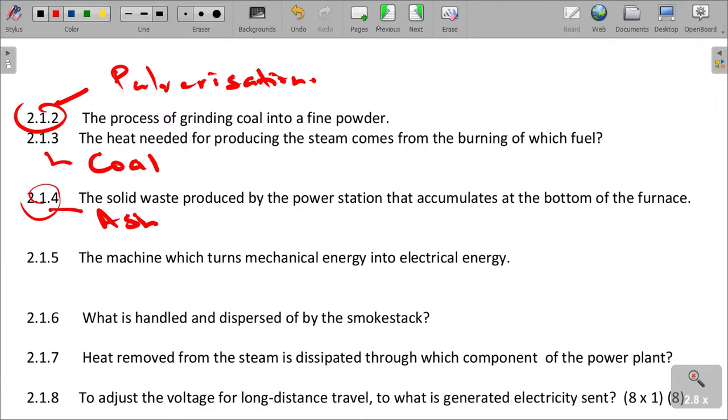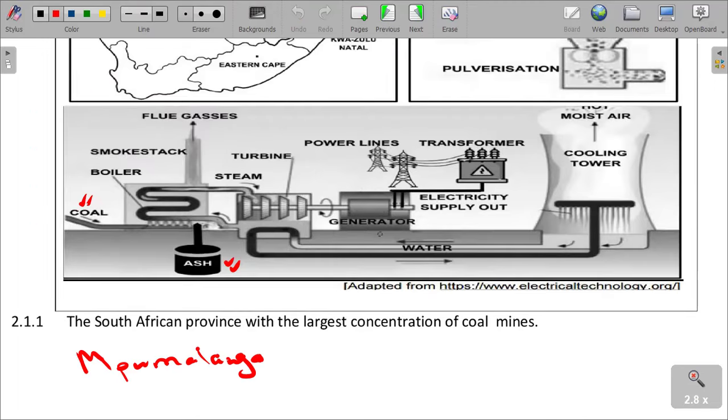And then the machine which turns mechanical energy into electrical energy. We are seeing the turbines here, and then we have the generator.